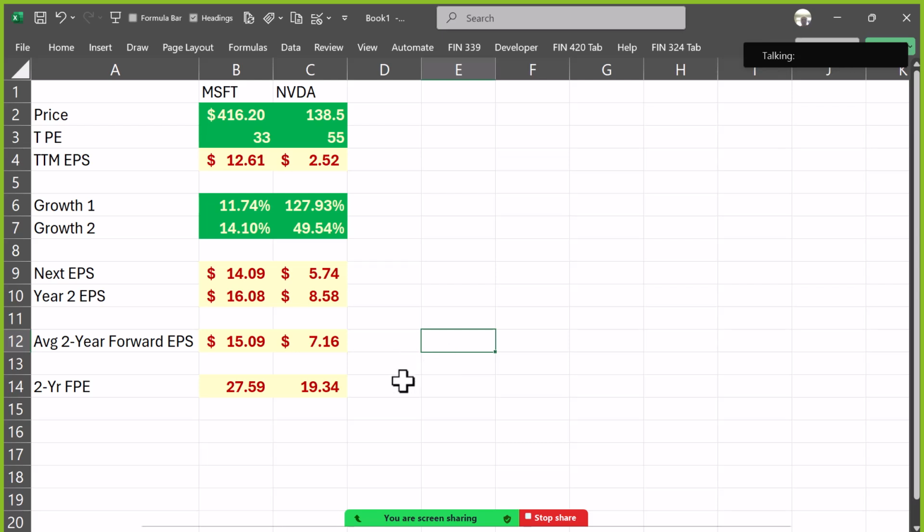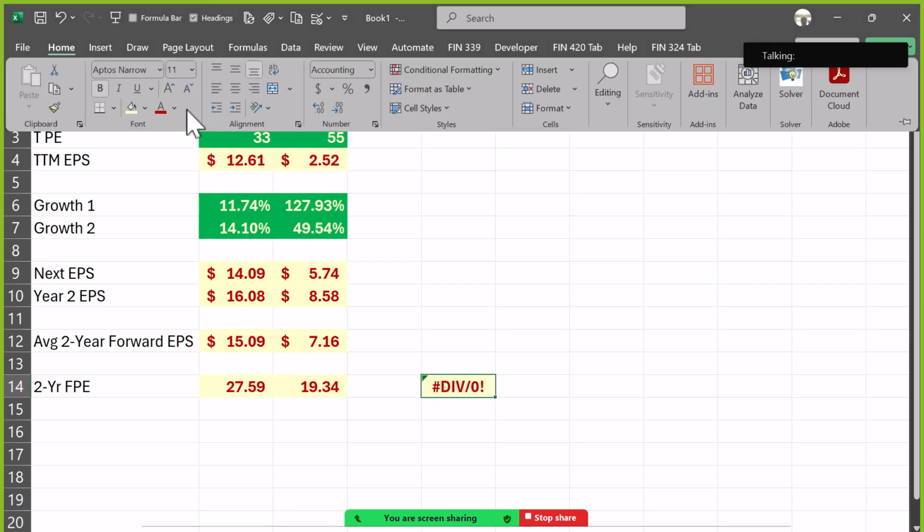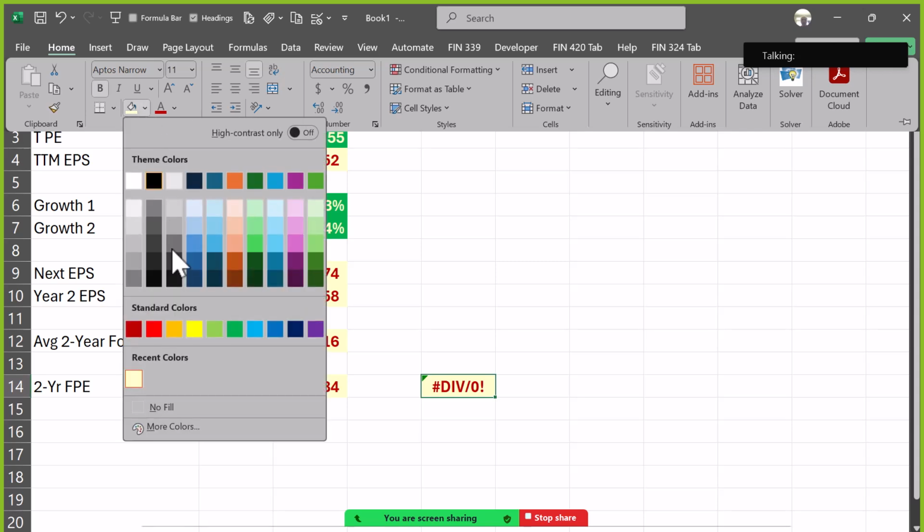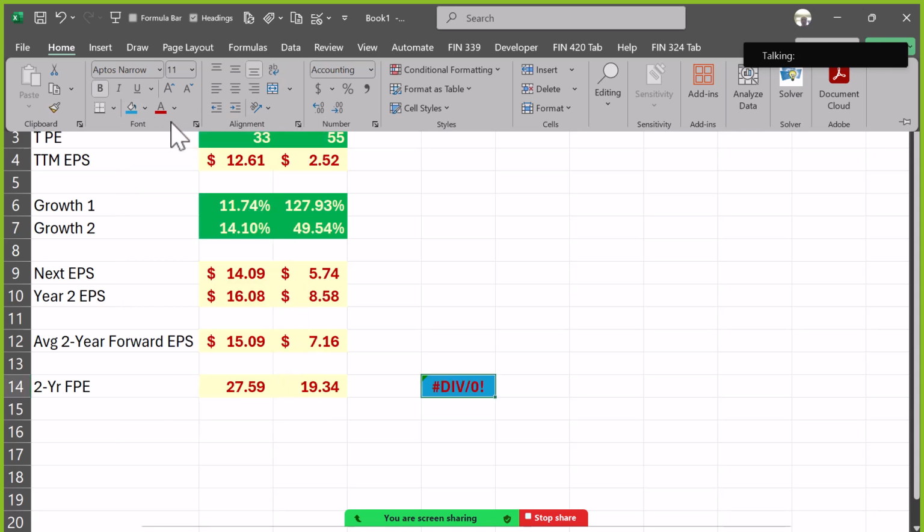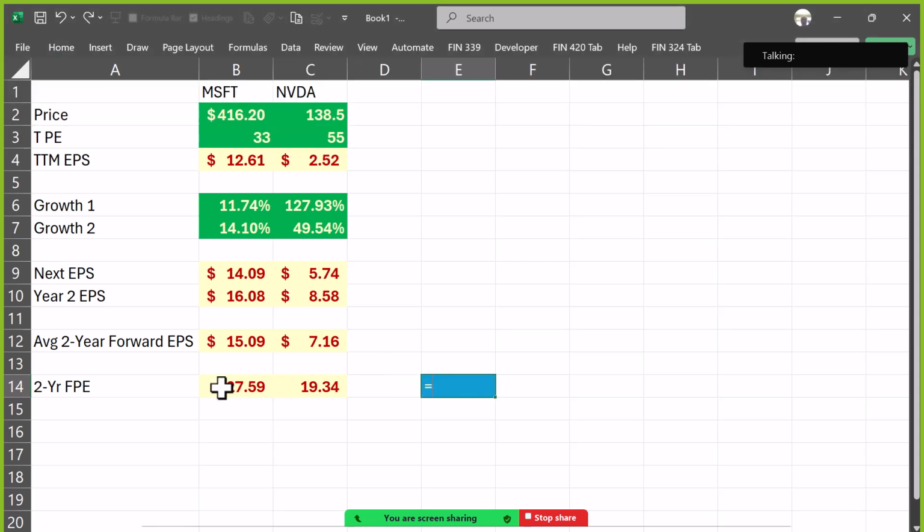In fact, let's do this. You know I'm going to make a calculation like this. That's the difference between them, so let's call that diff.